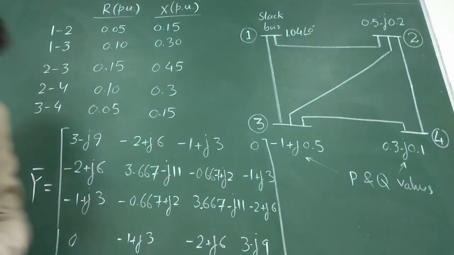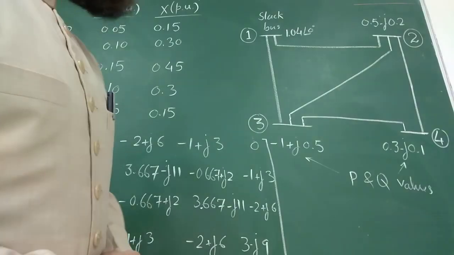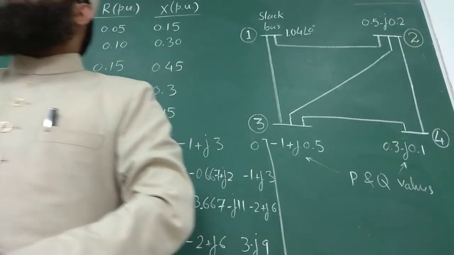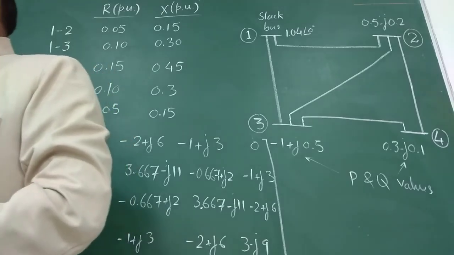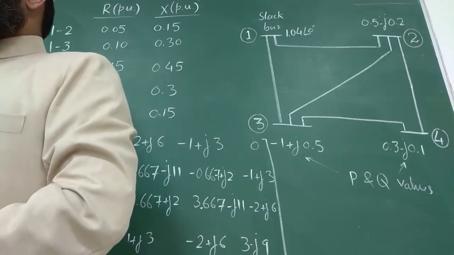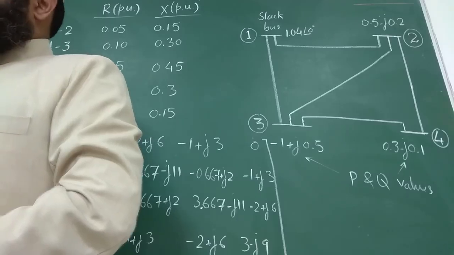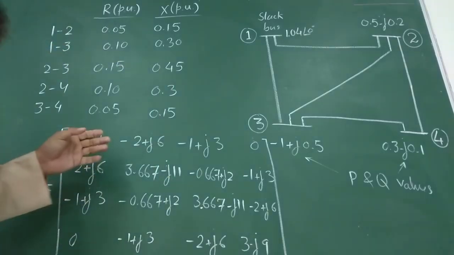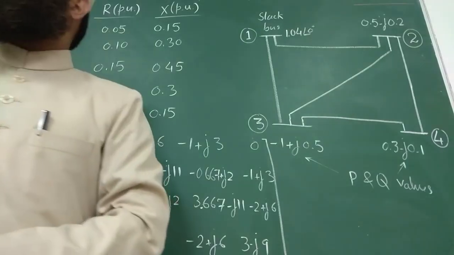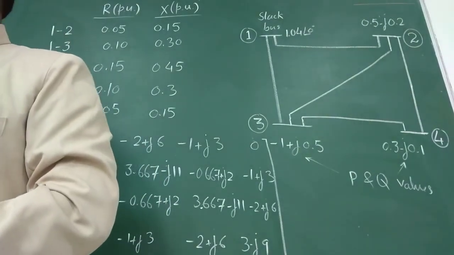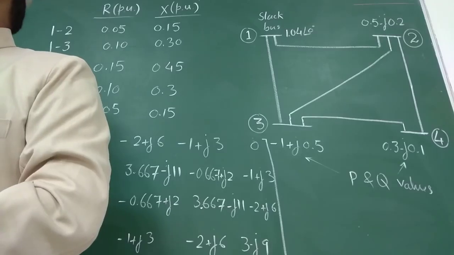So remember the steps while applying the Gauss-Seidel method of load flow for solving any power system network. Step number 1 was to read the system data and then formulate Y bus. This data is the same which we used already while formulating the bus admittance matrix. We know how to formulate Y bus when data are given.